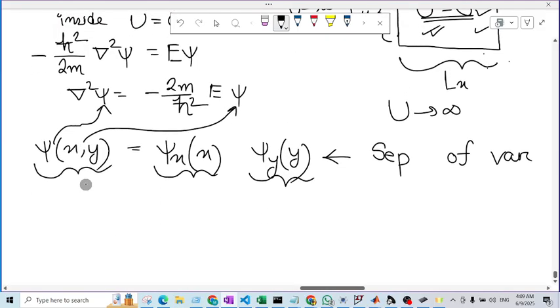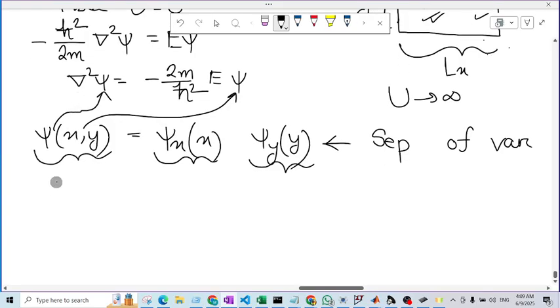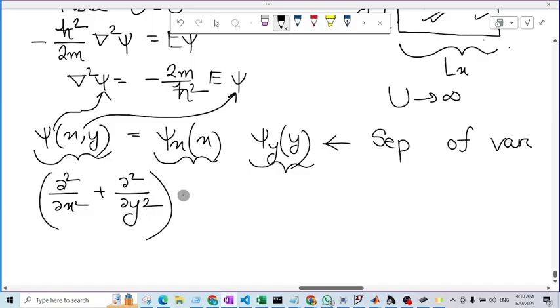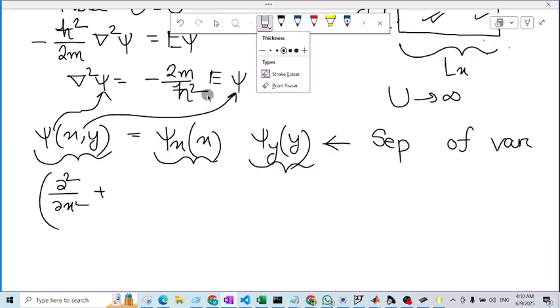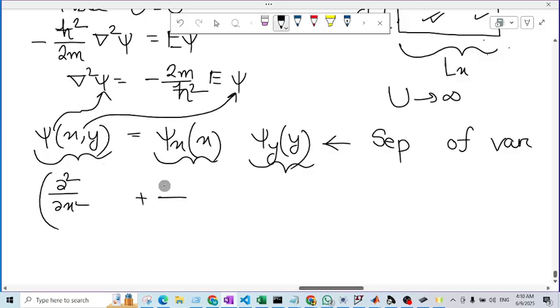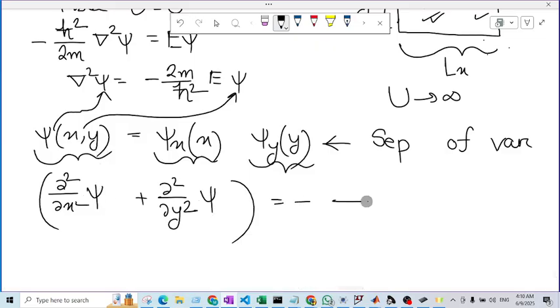Then I will get del squared is equal to del squared by del x squared plus del squared by del y squared, acting on psi x psi y, and then minus 2m divided by h bar squared, E, into psi.